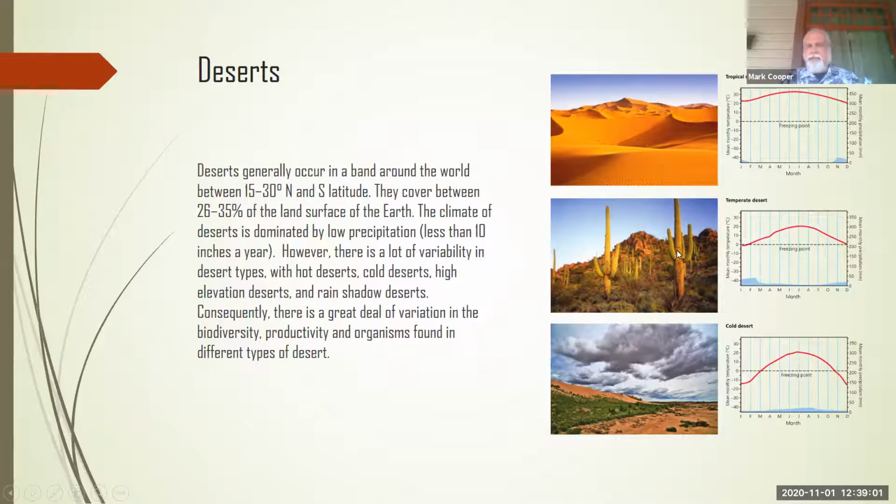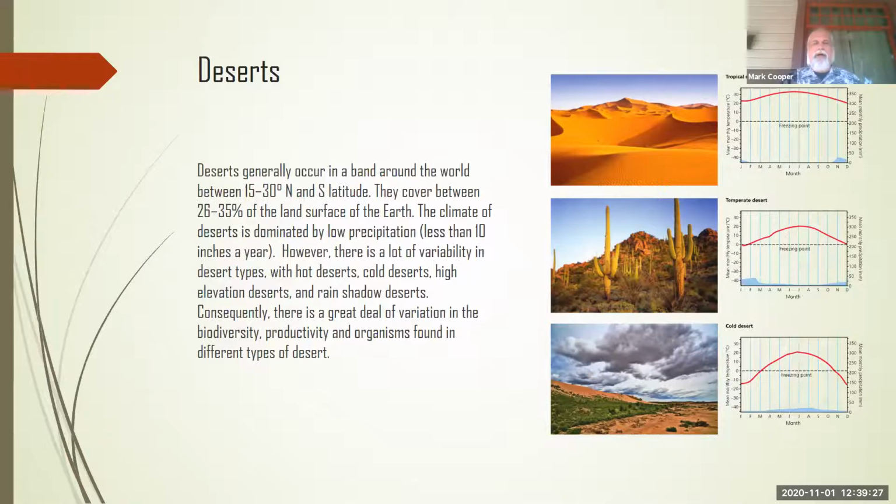This will be the Arizona desert, which is more of what our deserts look like, very shrub-like, lots of cactus, succulents, and then maybe something on the bottom is more cold desert up north or down in South America. But what I do want you to know as the key here is less than 10 inches of rain a year.